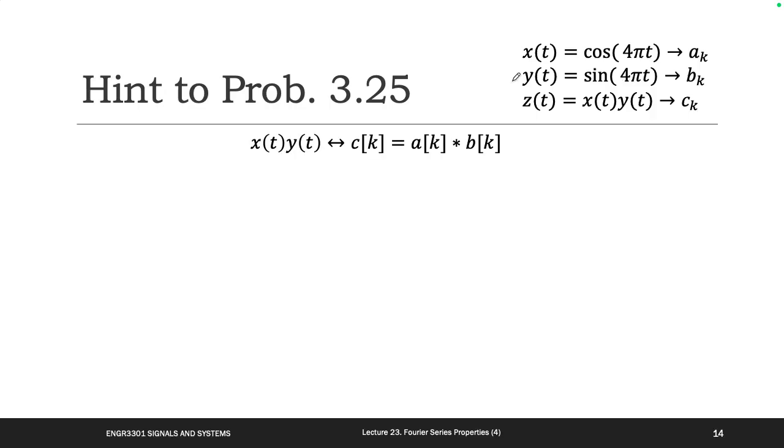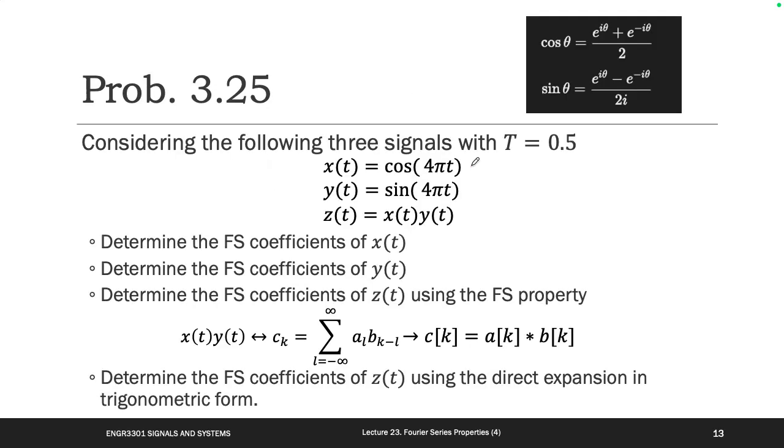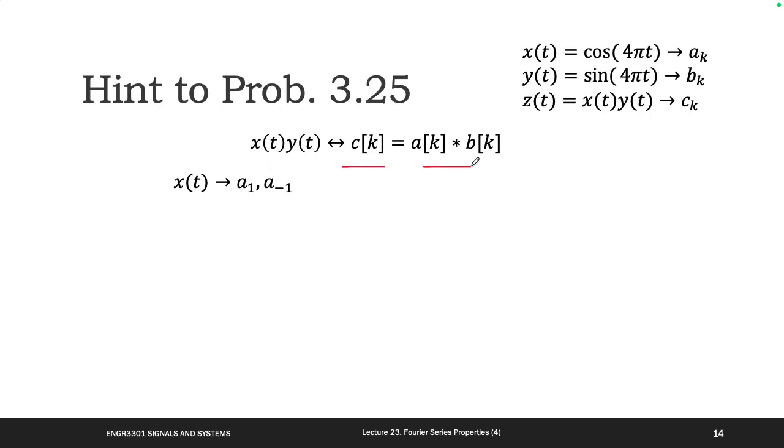We know the new signal's c_k equals a_k convolved with b_k, am I right? For x(t), you can use Euler equations, and you will find only a_1 and a_negative one have values. So for x(t), a_k equals this one for negative one, and this one for a_1.